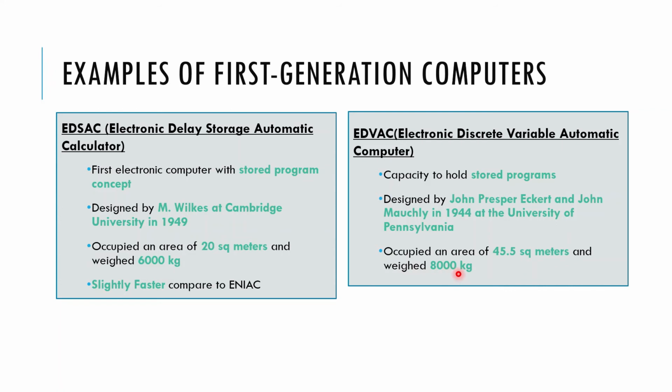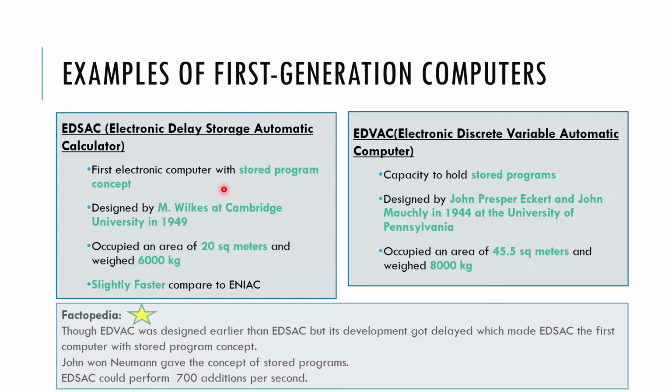Students, you must be wondering, EDVAC was designed in 1944, EDSAC was designed in 1949, but then why was EDSAC the first electronic computer with stored program concept? There is some important fact.